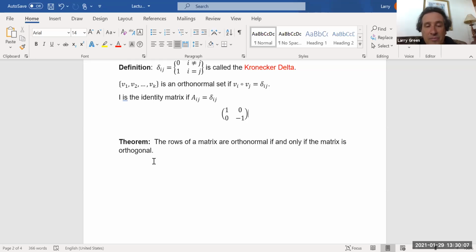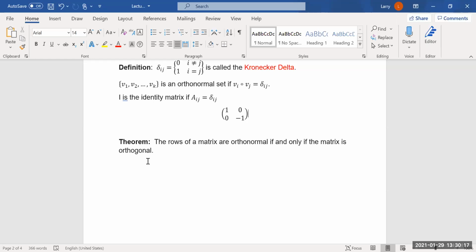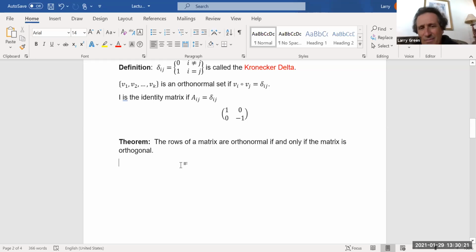How do you prove this? It's not that hard. I'm thinking do the definition of orthogonal twice. Not quite twice, but start with the definition of orthogonal. That was A times A transpose is the identity, remember? And also A transpose A is the identity.